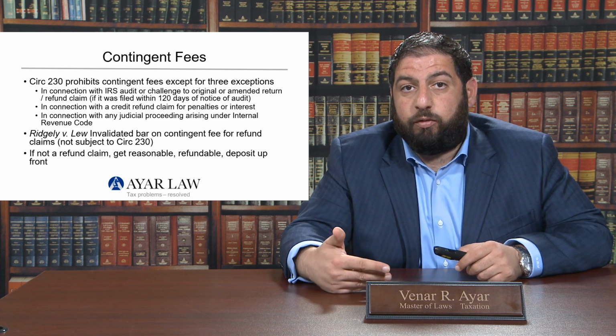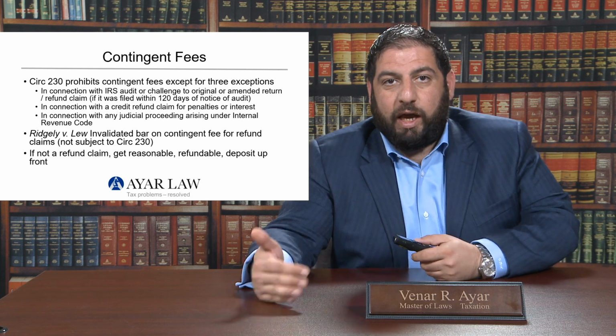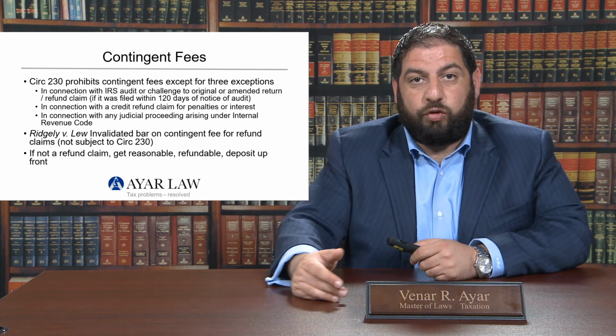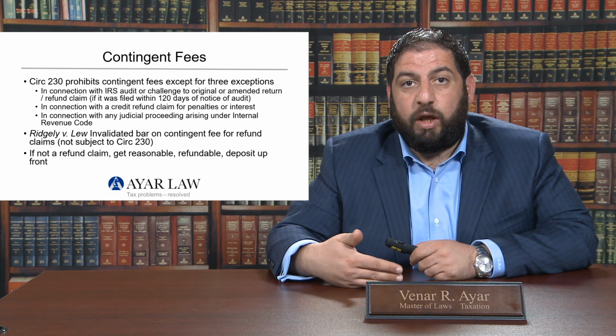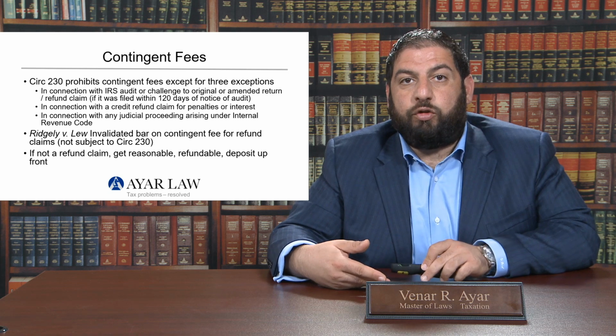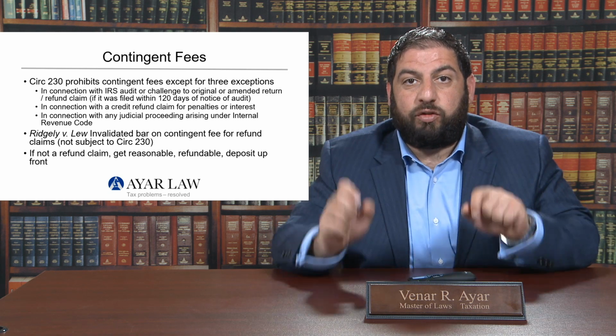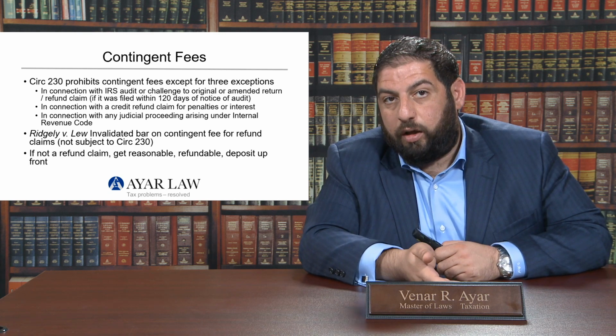This is the body of rules that applies to practicing before the IRS. And it's got all kinds of ethics rules, and that's where it says you can't charge contingent fees. However, courts have determined that preparing tax returns and preparing refund claims do not qualify as practicing before the IRS. Therefore, the Circular 230 rules do not apply.